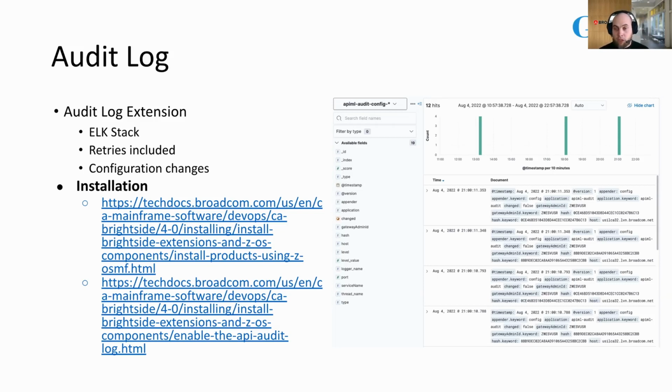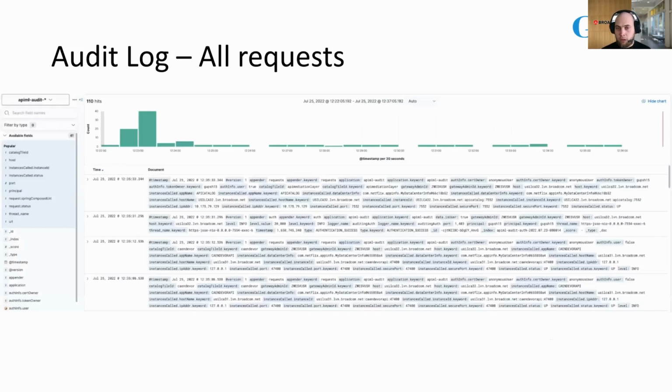It provides information about all the requests and all the configuration changes happening around the API mediation layer. This is just to show how it looks integrated with the Elk stack. This is the Kibana dashboard that shows all the accesses to a specific instance for a given time frame.